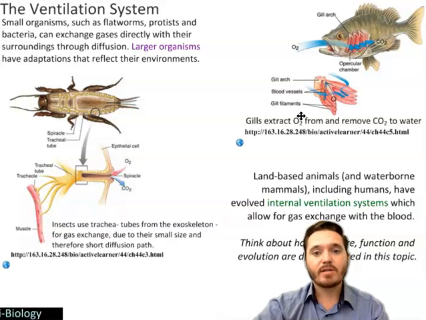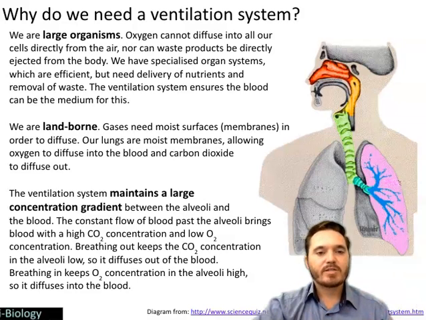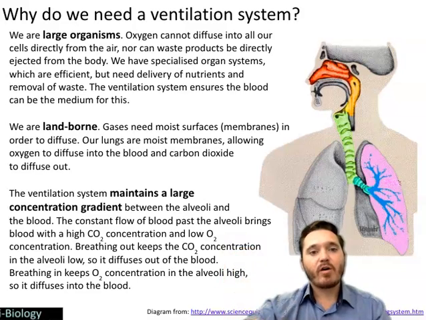Because the oxygen would be dissolved in the water and then releasing the CO2 back into the water. Since we're larger organisms and we're not those single-celled bacteria that can just absorb gases directly through the cell membrane from their surroundings, we actually need our blood system and our ventilation system in order to oxygenate all of the tissues in our bodies.